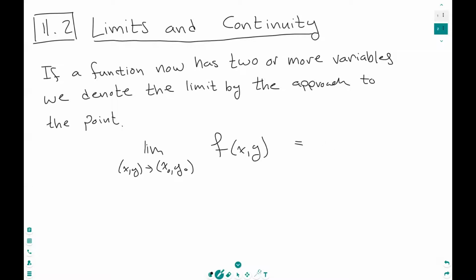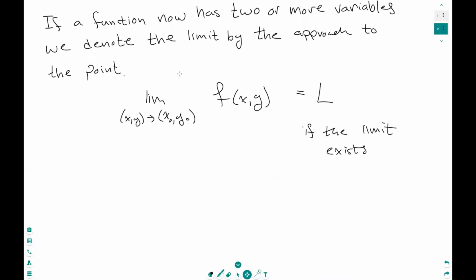And maybe we'll say that this is equal to L if the limit exists. This is how we denote some limit. And this is actually a lot harder than the limit for a function of one variable.